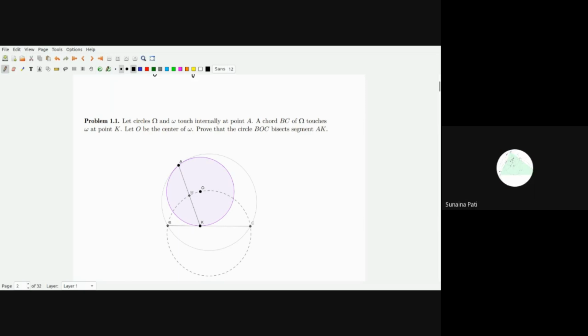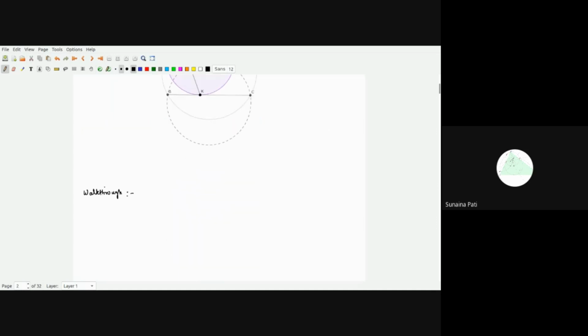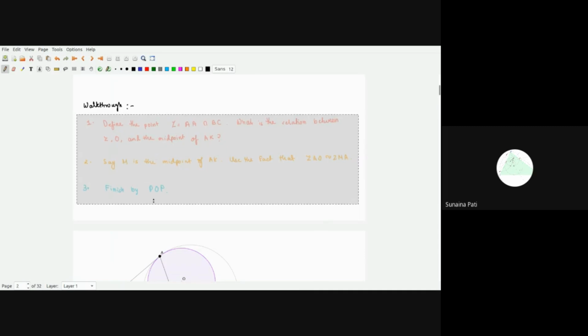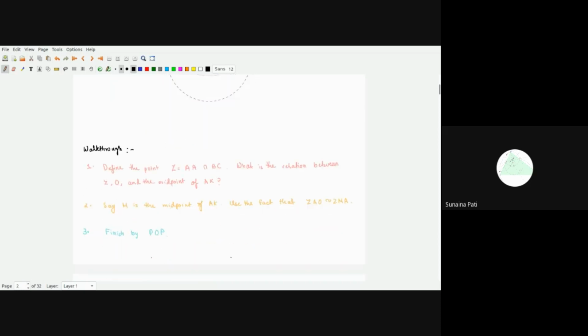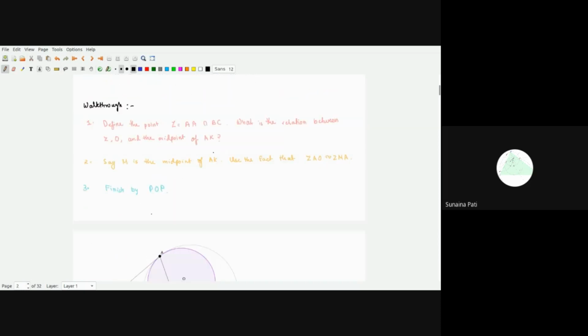Exactly, it's just similarity. So I'll give the walkthrough if that's fine. Define the point Z, which is the intersection of the tangent at A with BC, exactly what Siddharth said.